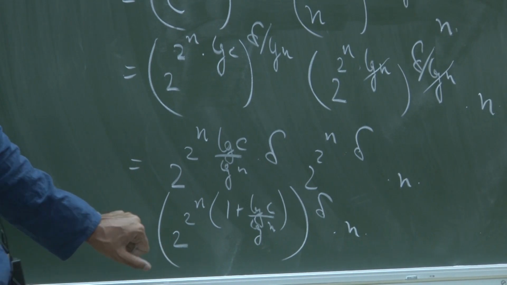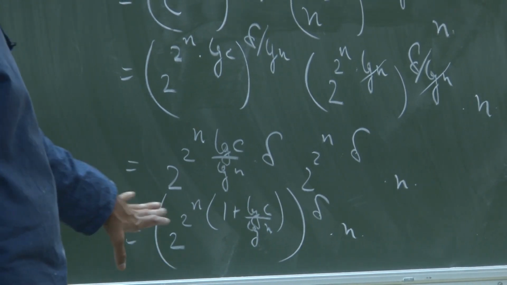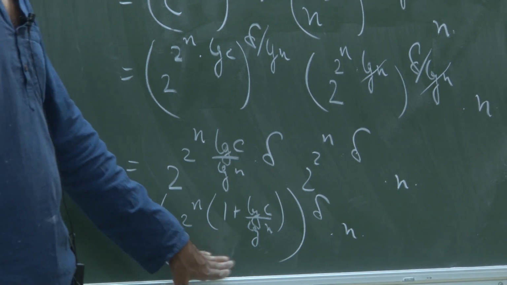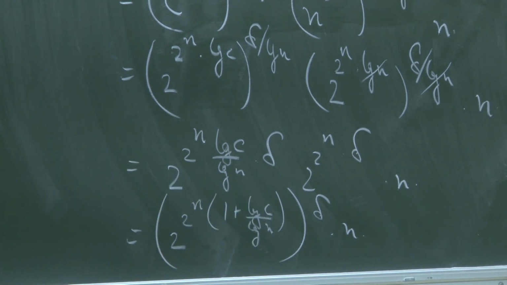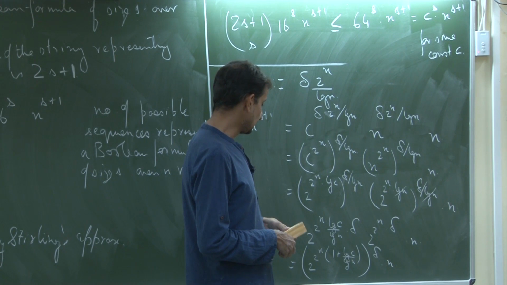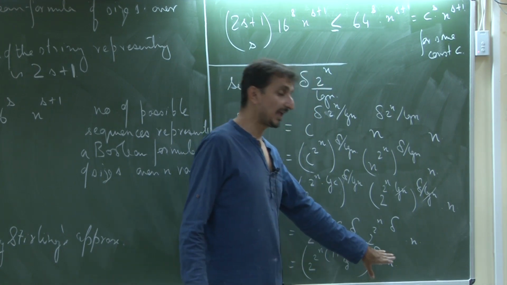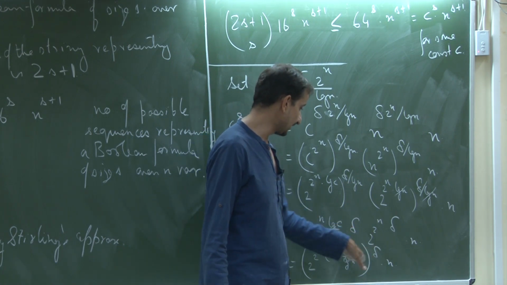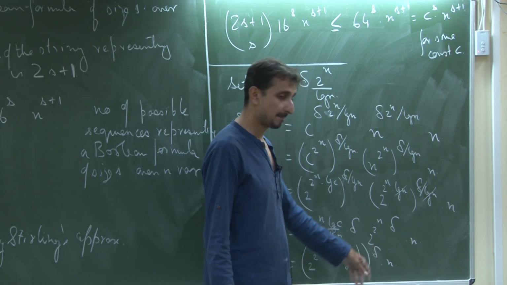So, therefore, this entire quantity is asymptotically smaller than 2 to the power 2 to the power n. We can take delta to be any constant less than 1.